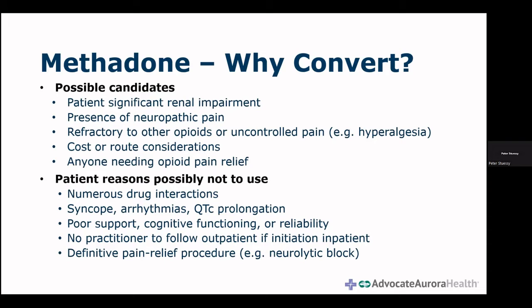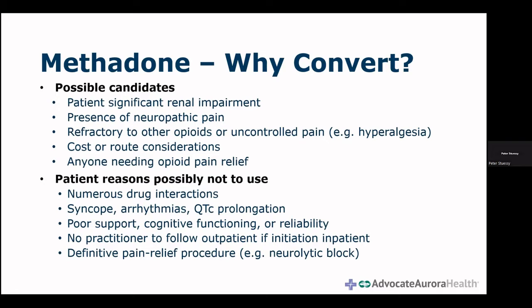Because of its unique pharmacodynamics at various receptors, neuropathic pain is also treated by methadone, so that may be a consideration in patients with mixed pain disorders. In patients refractory to other opiates or having uncontrolled pain or hyperalgesia, methadone's been shown to assist in those cases as well.